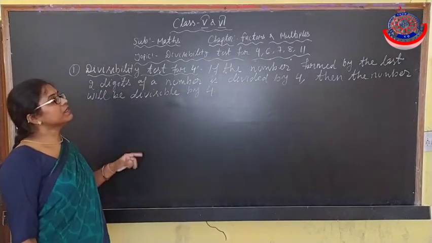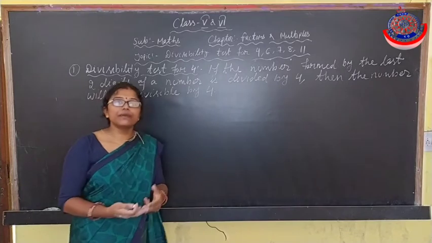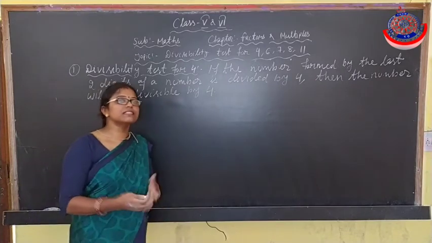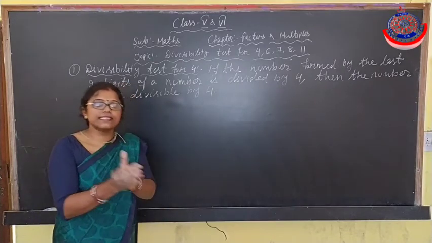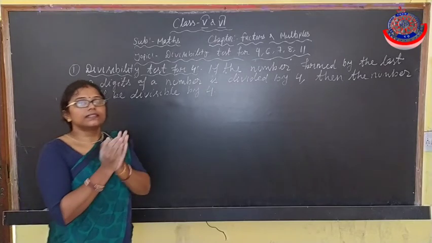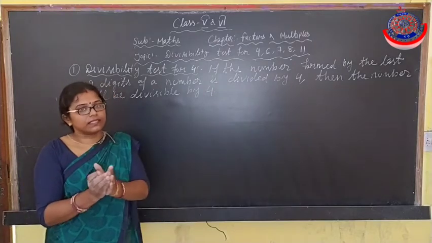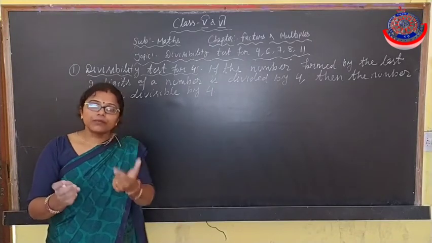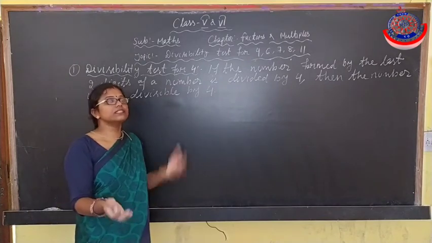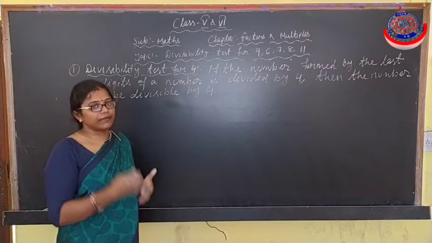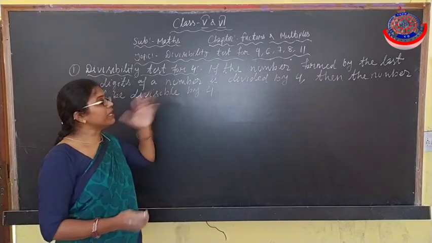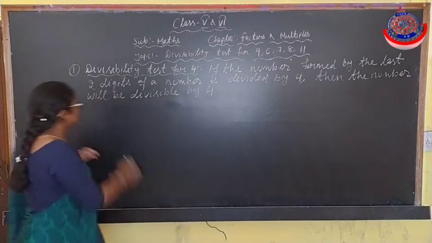Clear? If the number formed by the last 2 digits means the tens digit and ones digit. The tens digit and ones digit. If the number formed by the last 2 digits of a number is divided by 4, then the number will be divisible by 4.